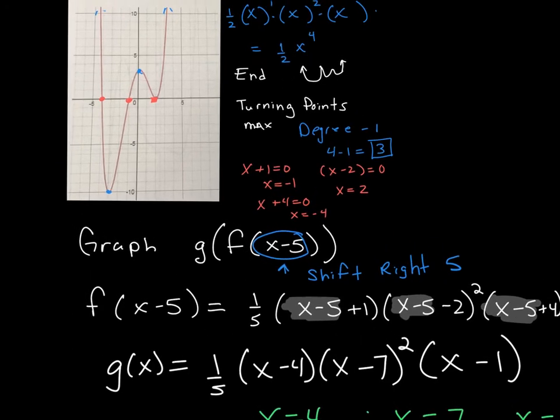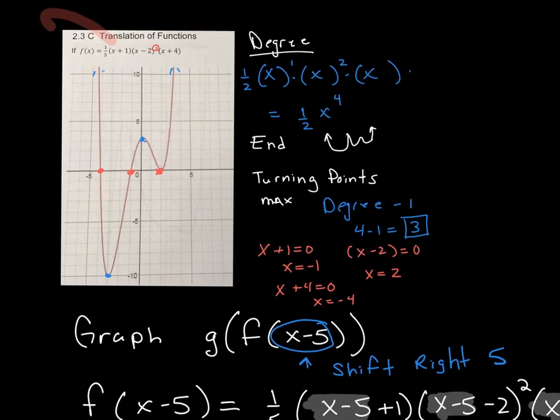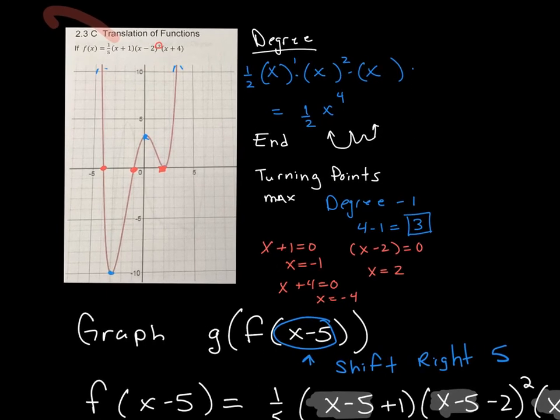So let's go ahead and put them up there in the graph. So the new zeros were happening at 1, 4, and 7. And that means that this entire graph shifted here over 1, 2, 3, 4, 5 units, which is exactly what this shift is.